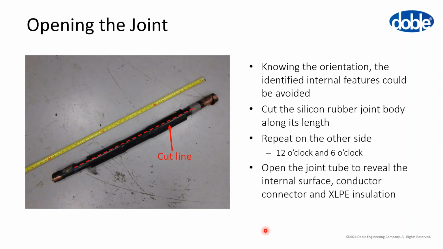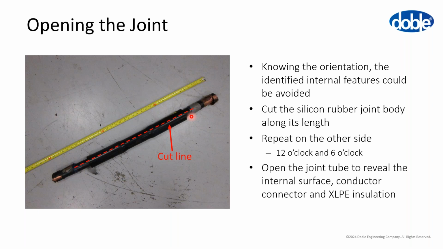If I'm in a classroom in front of people, it's a lot easier to talk about this by waving my arms around in the air. But I'm going to have to try and do this with pictures. So to open up the joint, basically what we do is we cut down one side along the length, and then we flip it over, turn it through 180 degrees and cut on the other side. So 12 o'clock, 6 o'clock, 3 o'clock, 9 o'clock, depending on how you want to look at it.